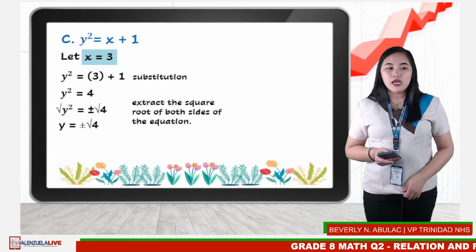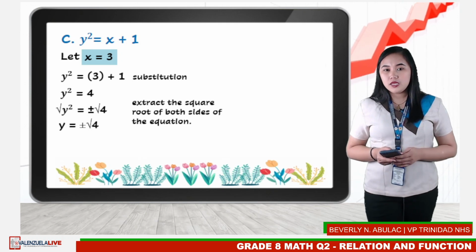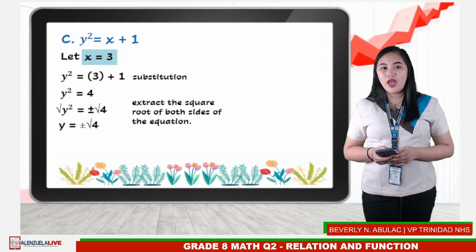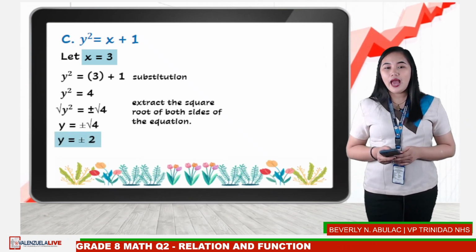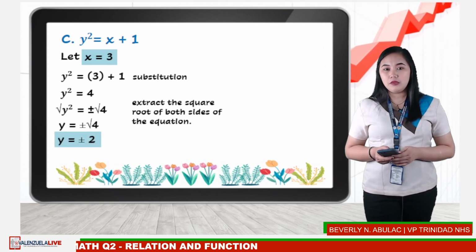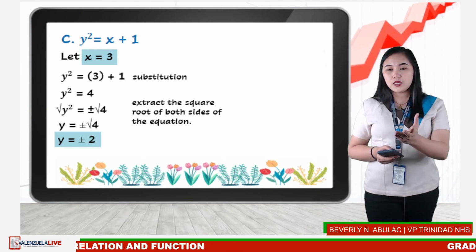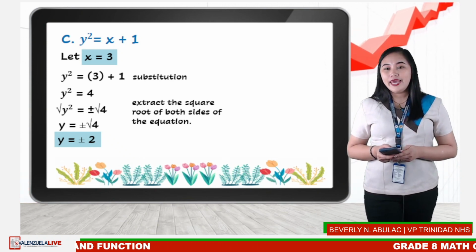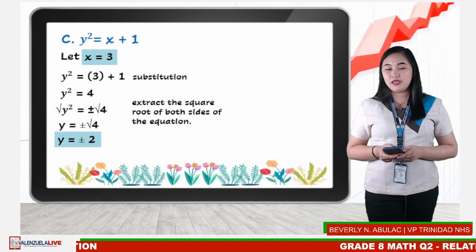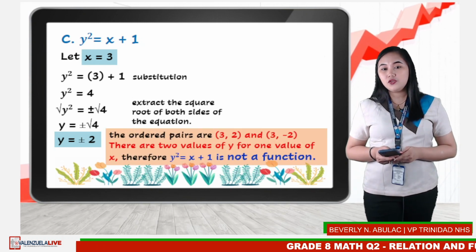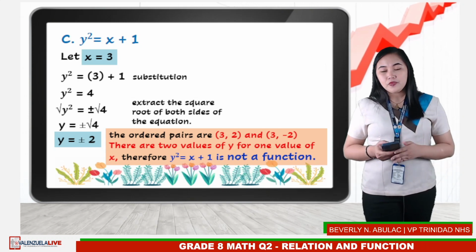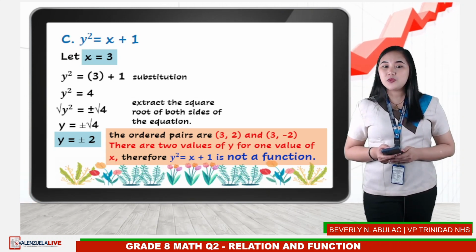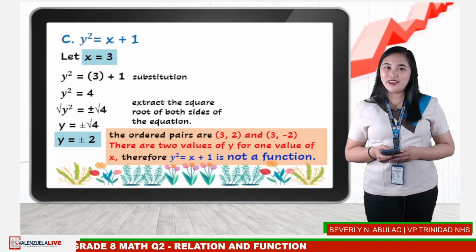So we have square root of y squared is equals to square root of 4. Then we have y is equals to square root of 4. Next, we have y is equals to positive negative 2. So the ordered pairs are (3, 2) and (3, negative 2). There are two values of y for one value of x. So therefore, y squared is equals to x plus 1 is not a function.